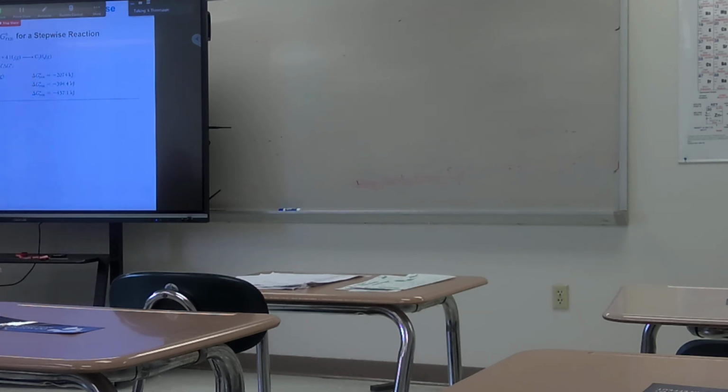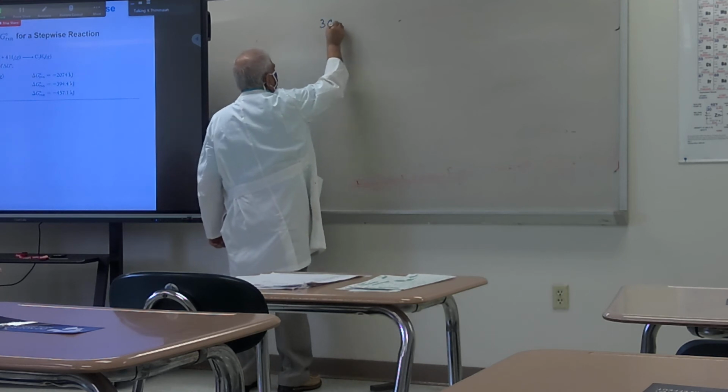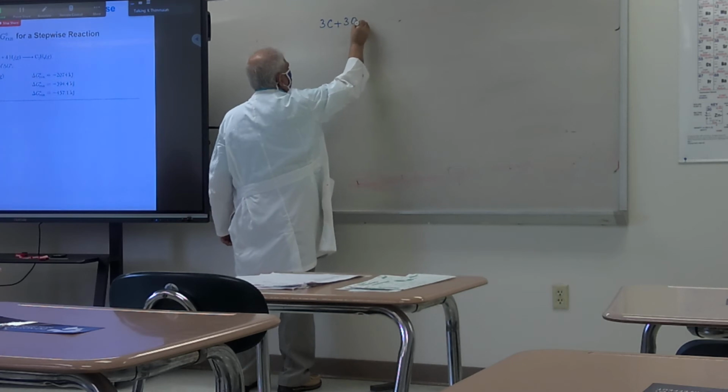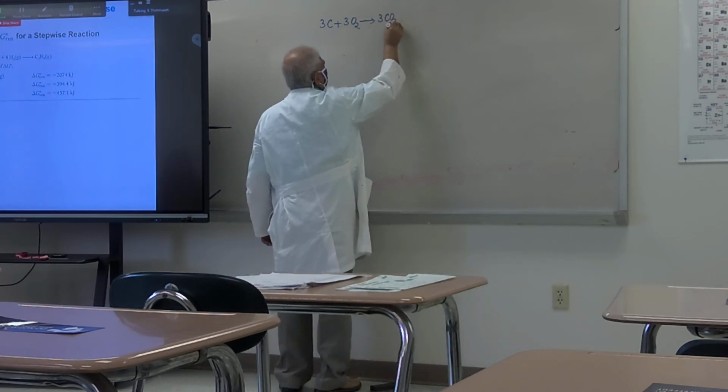So now my question is, you have 1C. To get 3C, you have to multiply this entire equation by 3. Tell me, 3C plus 3O2 gives 3CO2, right?